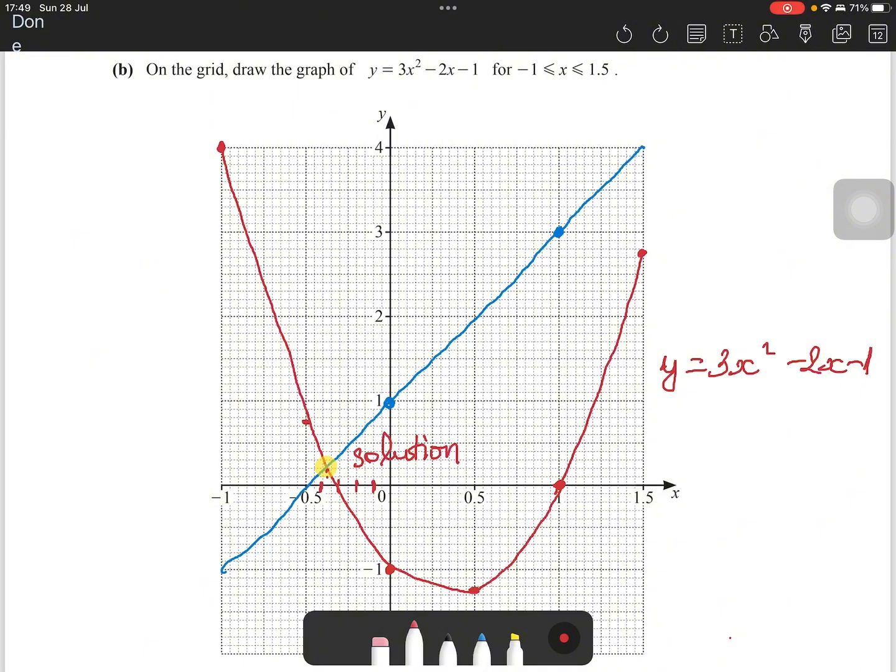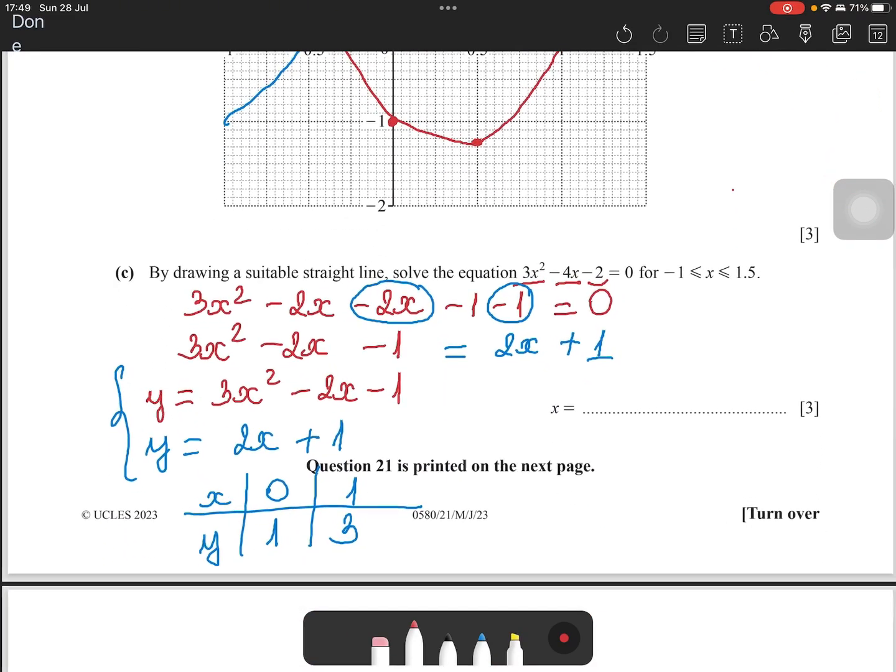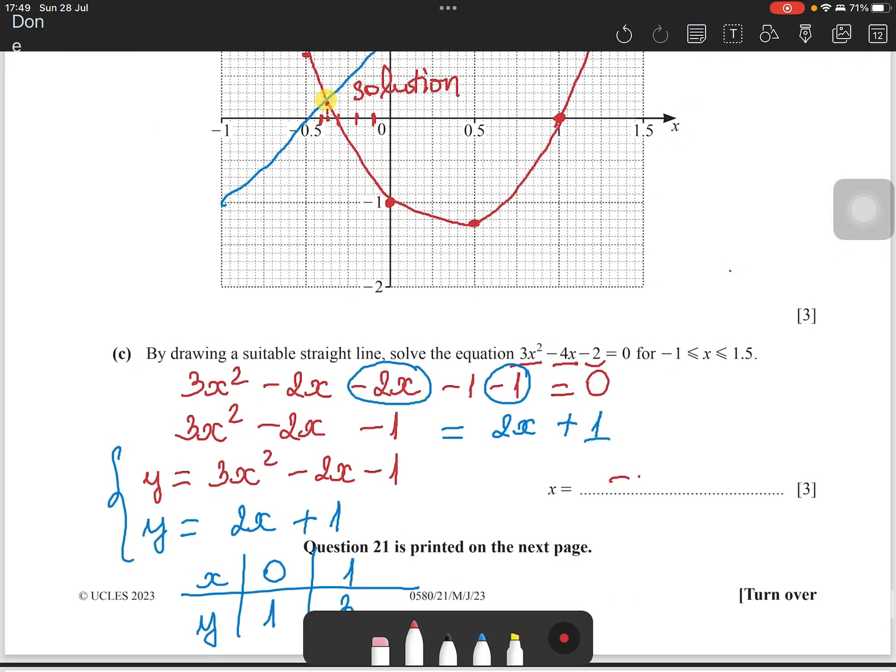So this solution is around negative 0.375. Or you can write any values from negative 0.35 to negative 0.45.